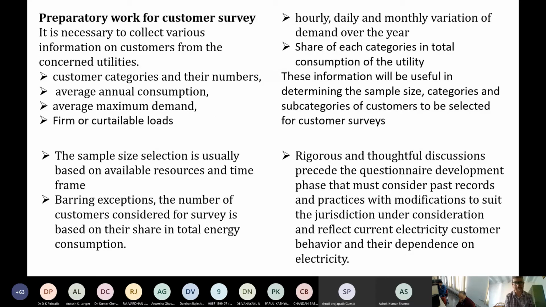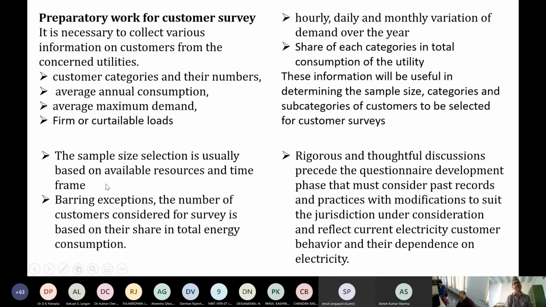This information will be useful in determining the sample size, and categories and subcategories of customers to be selected for the customer survey. The sample size selection is usually based on available resources and time frame.